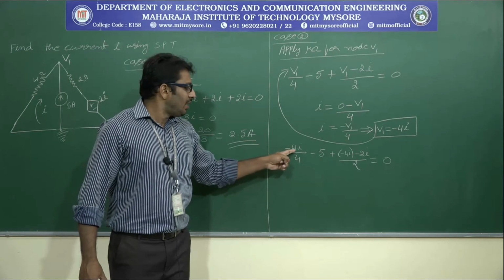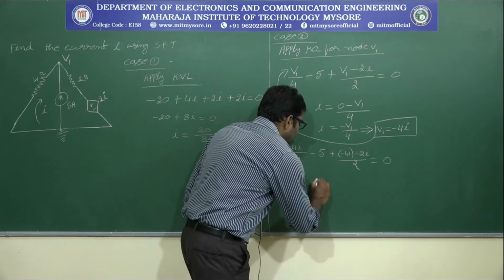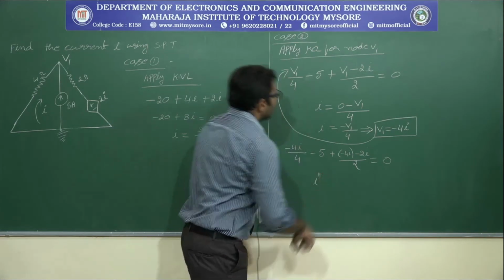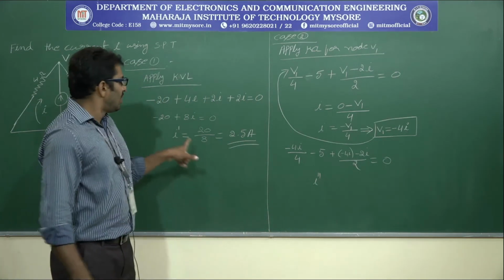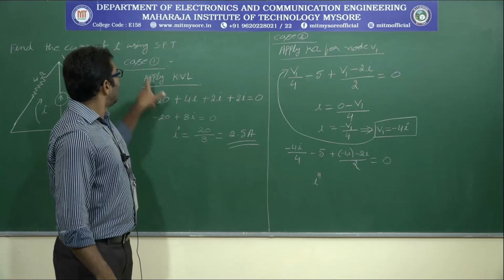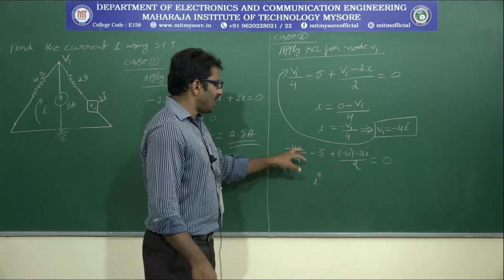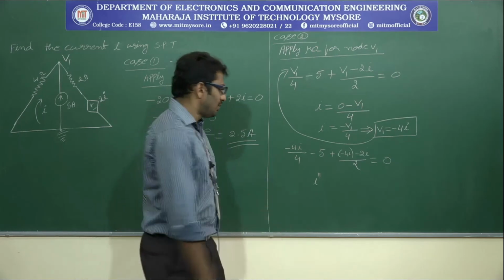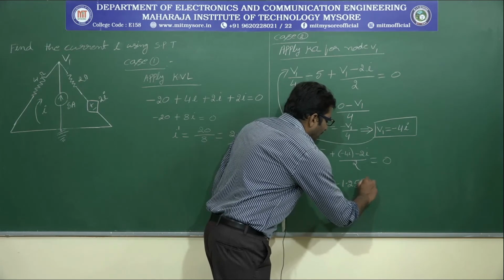What is that variable? I. So minus 4I divided by 4, minus 5, plus minus 4I minus 2I divided by 2, is equal to 0. Now just find I. I is the current in case 1, so in case 2 the current is I double dash. So you will get minus 1.25 amps.